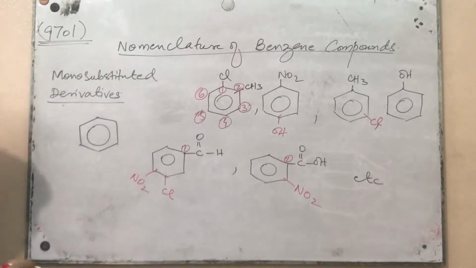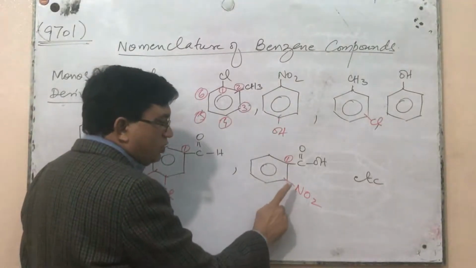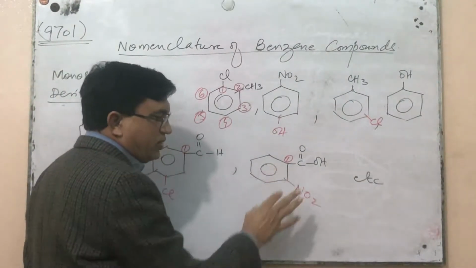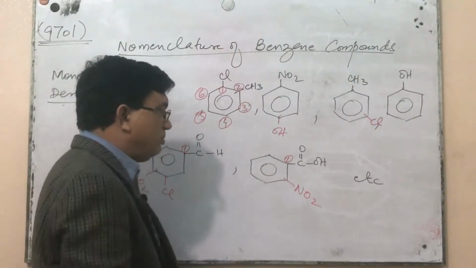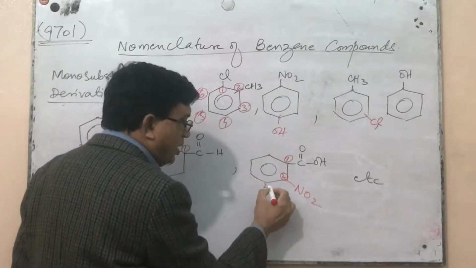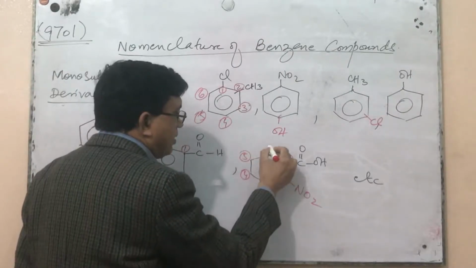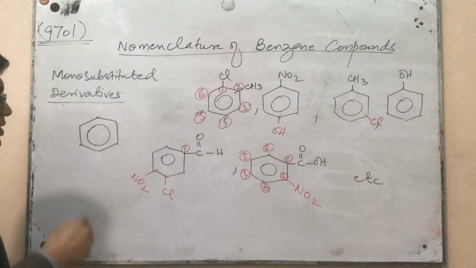Now, the name of this will be 2-nitrobenzoic acid, because this nitro group is attached to number 2 carbon atom. In this manner, we start numbering and give the name.